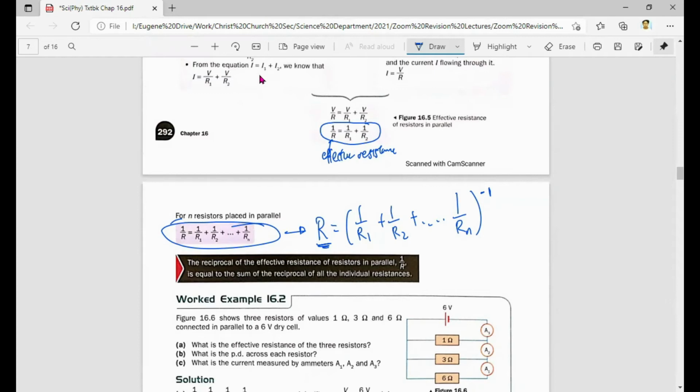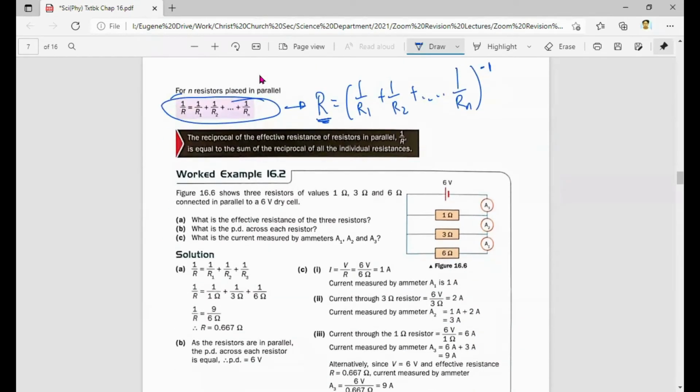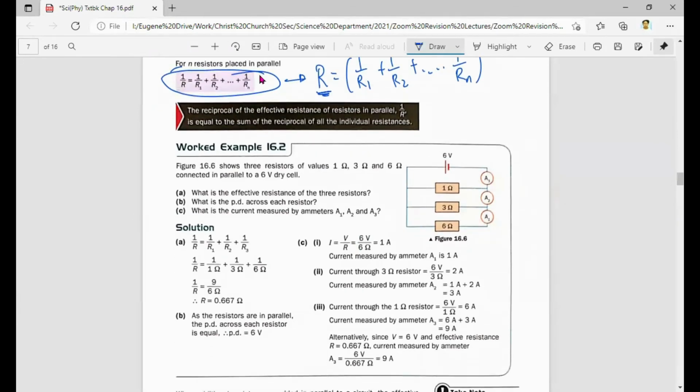Okay, so this one I think most of you are also quite familiar with already. So let's look at worked example 16.2. A 6 volt battery once again connected to 1 ohm, 3 ohm, 6 ohm. Now, I want to put this very clearly: A3, A2, A1 actually measure different things, although they look the same.